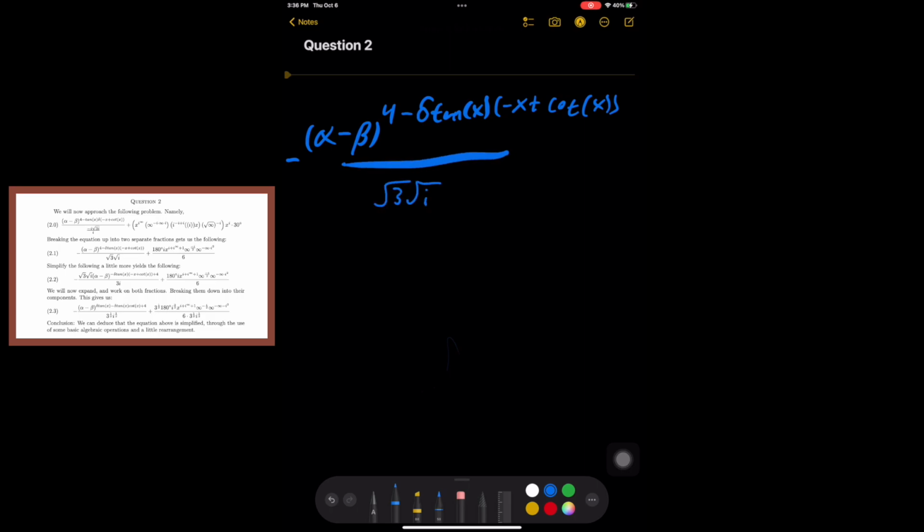Okay, so starting this, we will break up the equation into 2 separate fractions, because obviously we see the first one as a fraction, we want the other one to be, so we can eventually combine them. So we have negative alpha minus beta to the 4 negative delta tangent x. Also note that this delta is not the Kronecker delta, it's just delta representing a variable, but yeah, same sort of concept. Okay, so cotangent x over root 3 root I, and then we add this.